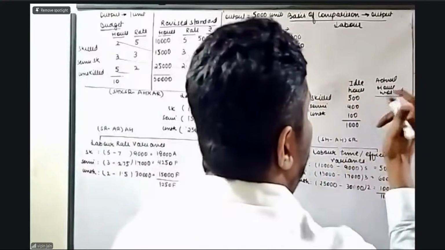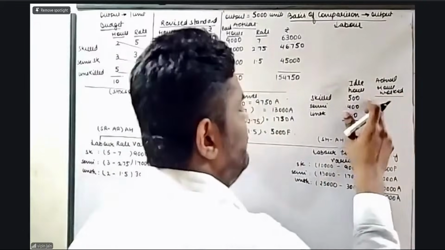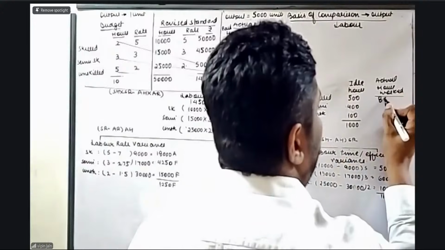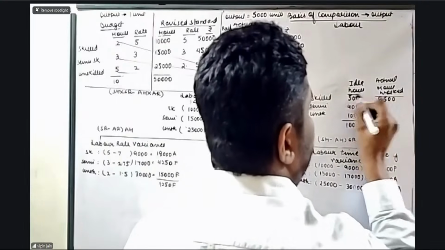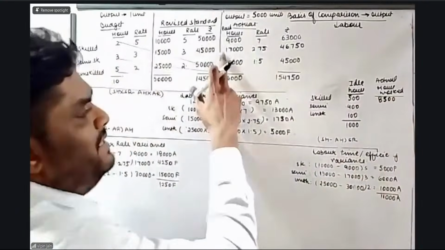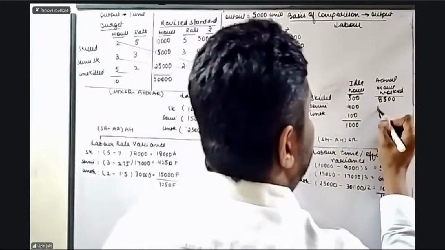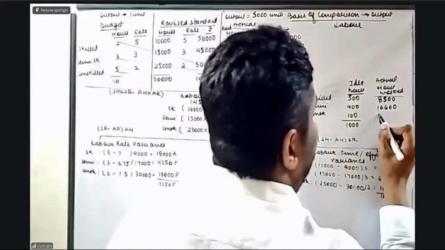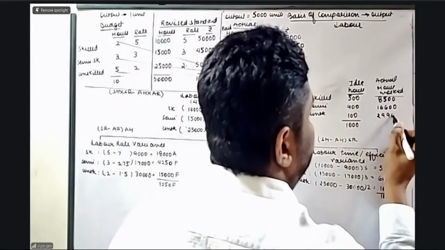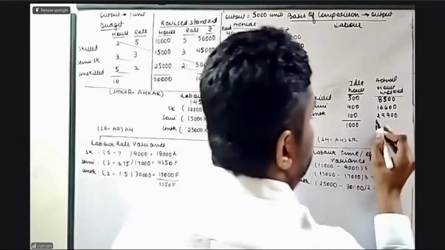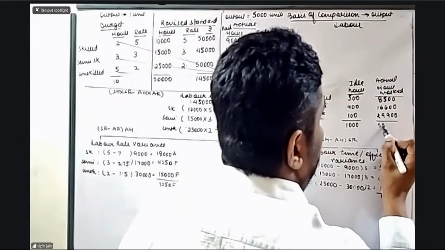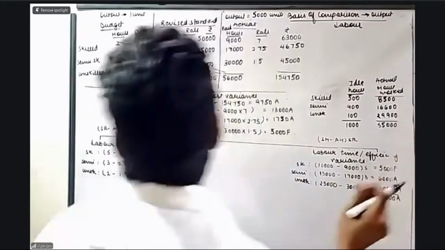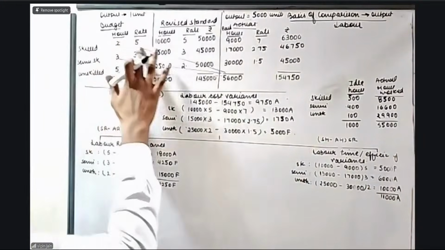Of this, the idle hours were 500. So my hours worked will be 8,500 for skilled. For semi-skilled, the actual hours worked will be 16,600. And here it will be 29,900. So this will be 55,000.